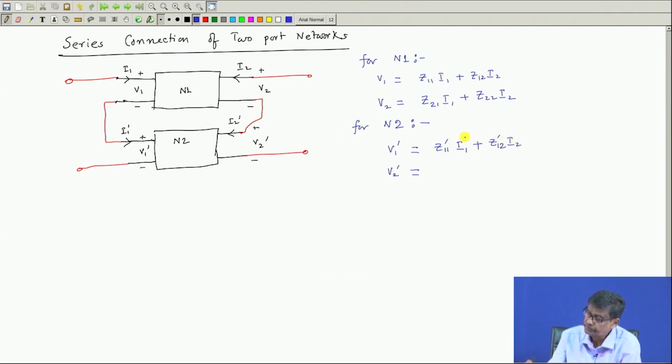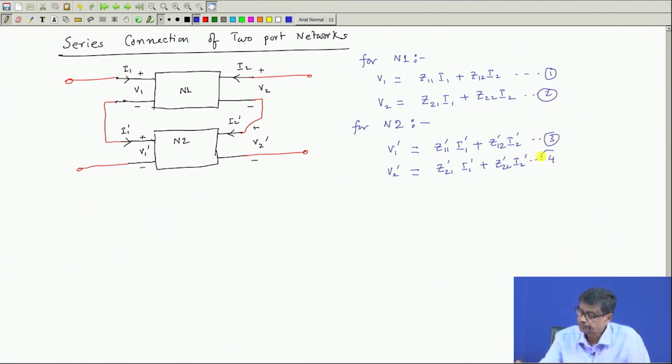Similarly, Z21 dashed I1 dashed plus Z22 dashed I2 dashed. This will be the thing. So this is equation 1, this is equation 2, 3, 4. This is how I have written it.